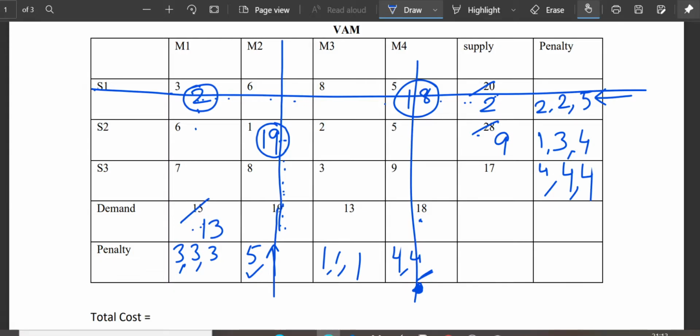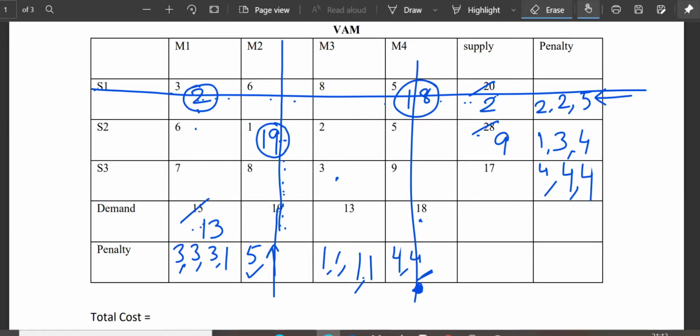Now to proceed further, since I have made a horizontal cut, the parallel changes will come at the bottom. Now come to M1. In M1, there are only 2 cost cells left, 6 and 7. So 7 minus 6 is 1. Come to M3, 2 and 3. 3 minus 2 is 1. So these are the only entries here. No more cells are left.